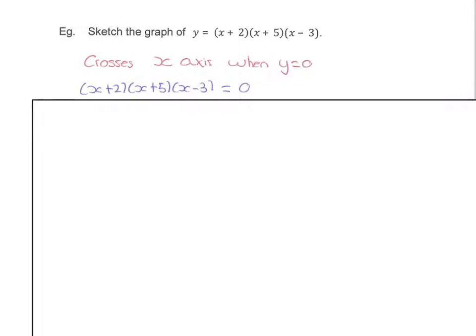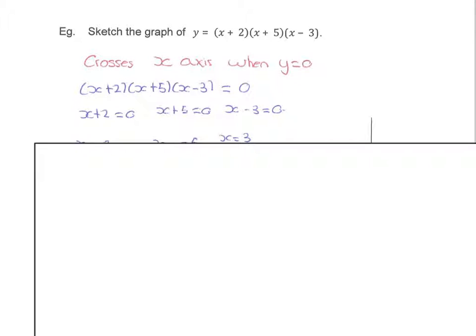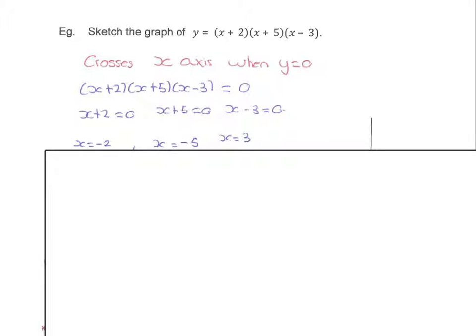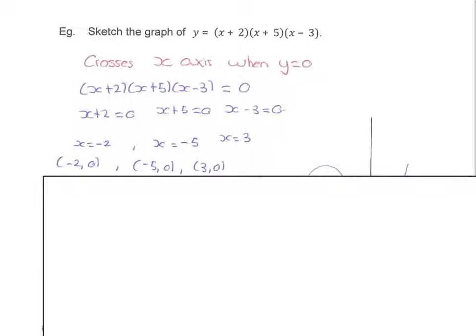So we have x plus 2, x plus 5, x minus 3 equals 0. Solving that, we let each bracket in turn equal 0 and get our solutions for x. We end up getting x equal to minus 2, x equals minus 5 and x equals 3. So there are the 3 points where the cubic cuts the x-axis. The coordinates will be minus 2, 0, minus 5, 0 and 3, 0.